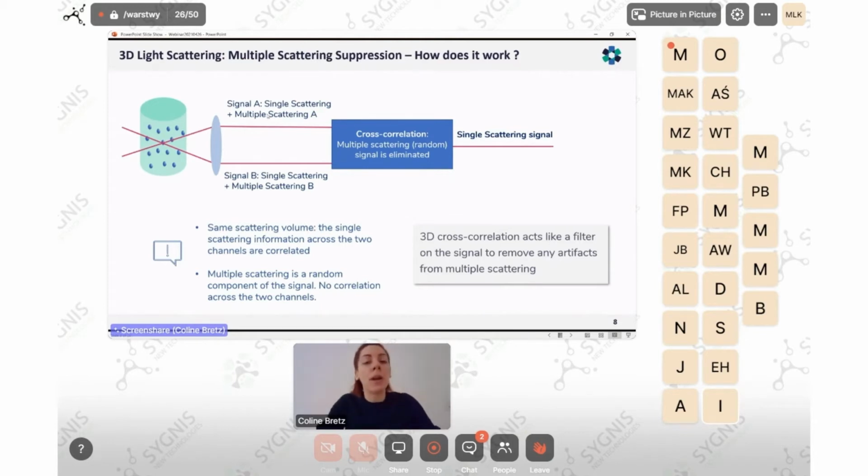So by cross-correlating the signal among the two channels, you can identify the random components and effectively eliminate this multiple scattering component. And what you get as a result is the single scattering signal. So basically, 3D light scattering is a way to filter out multiple light scattering. And that is what we use to make sure that we have reliable DLS measurements.